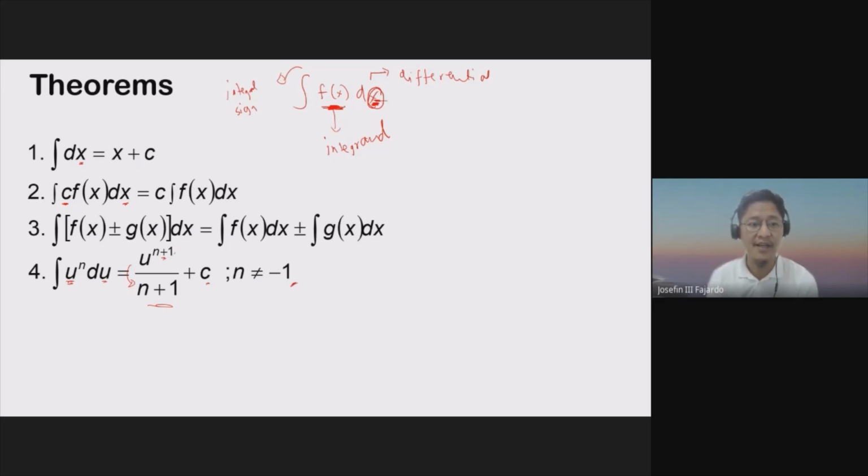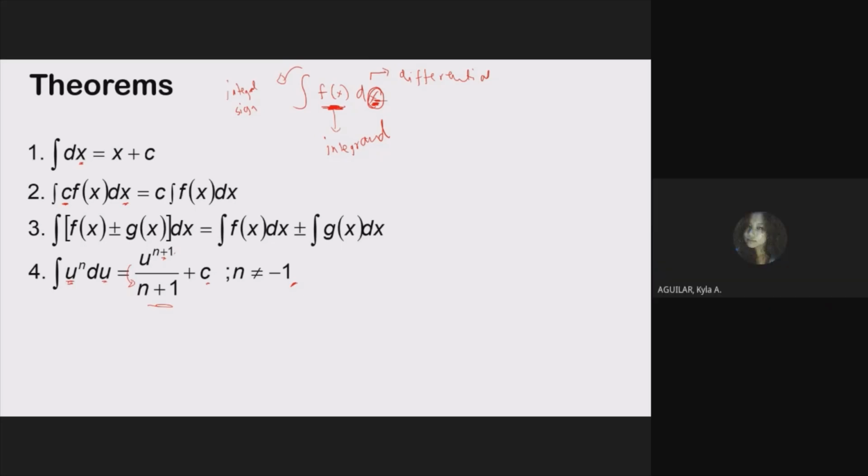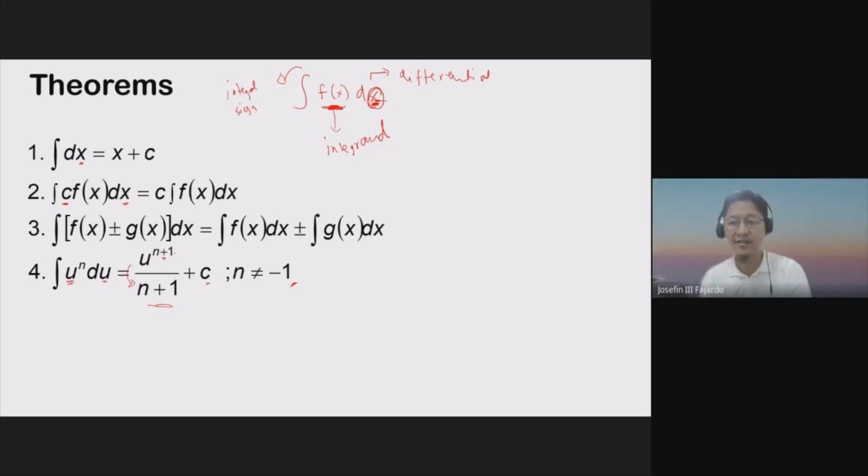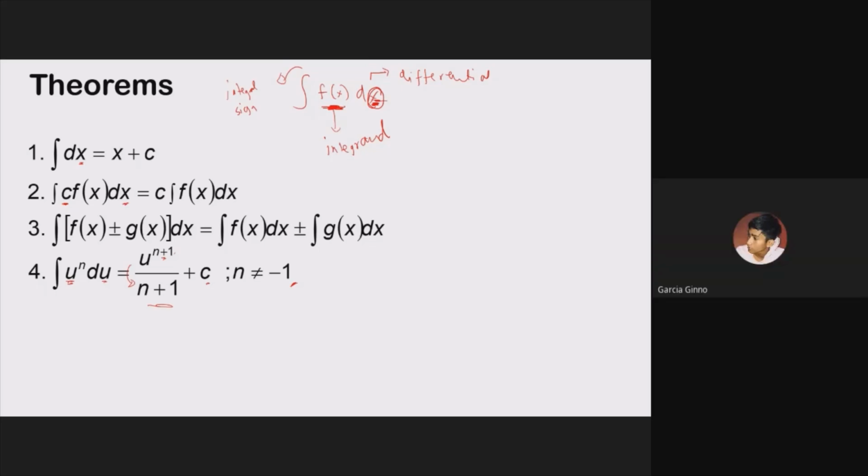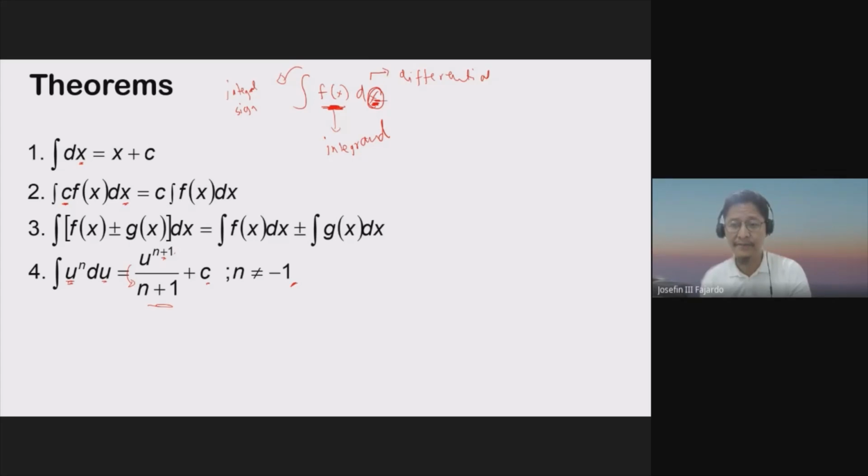Bakit siya hindi pwede mag-negative 1 sa palagay niyo? Mag-error, sir. Bakit mag-error? Magiging imaginary po yung baba. Magiging imaginary yung baba. Tama ba yun? Or magiging, correct term dun would be, magiging 0 yung denominator. Tama?